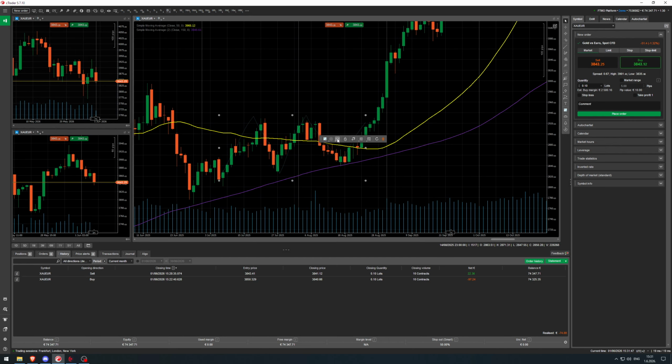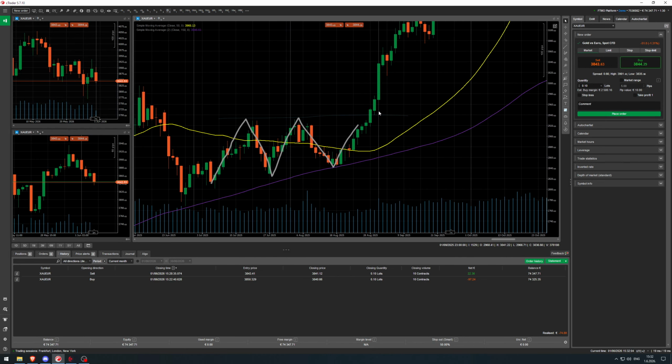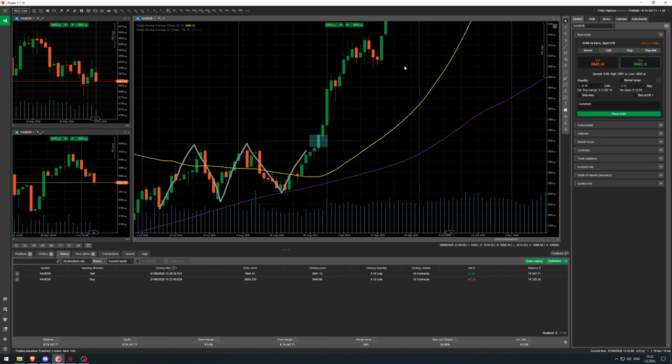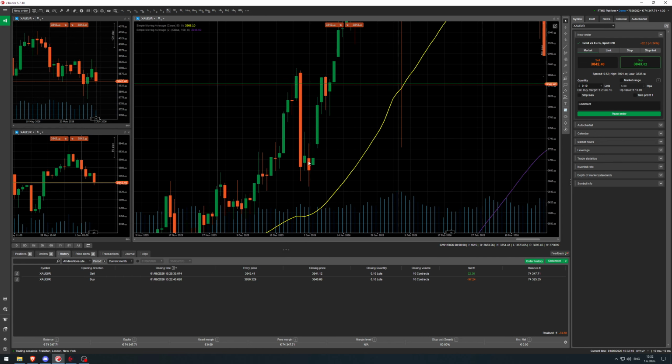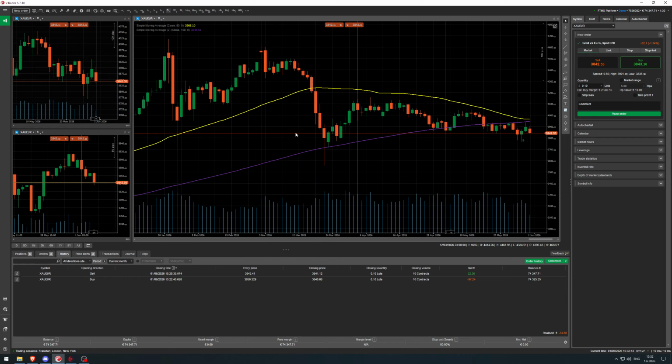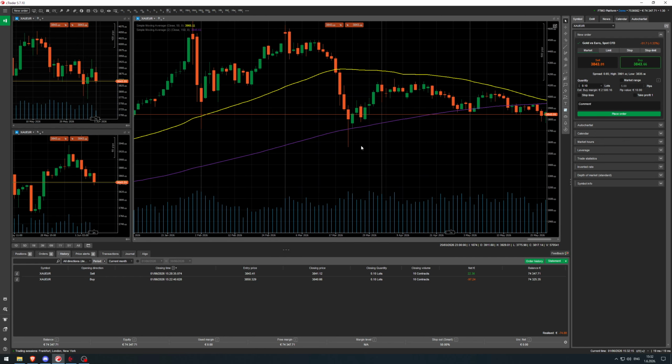Can we make this thicker? Yeah. Like the heartbeat pattern, like this. And then when it crosses this line, the entry would be here. And then you ride it all the way until the daily closes below the 150.